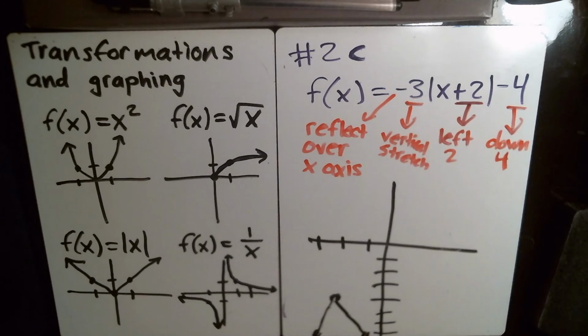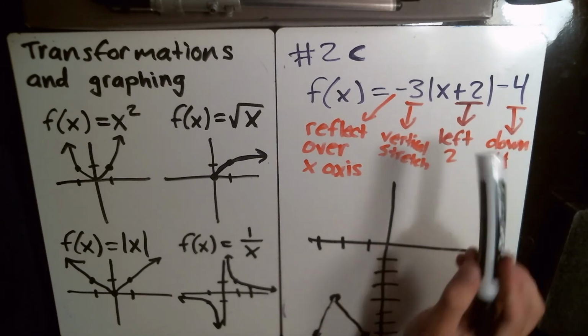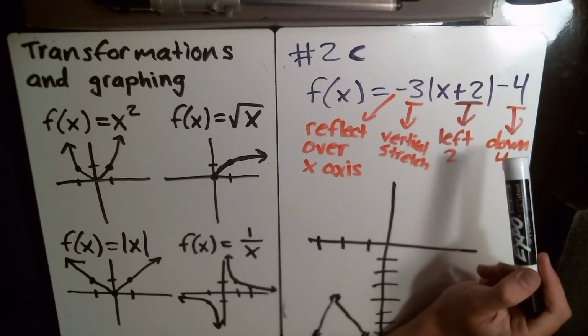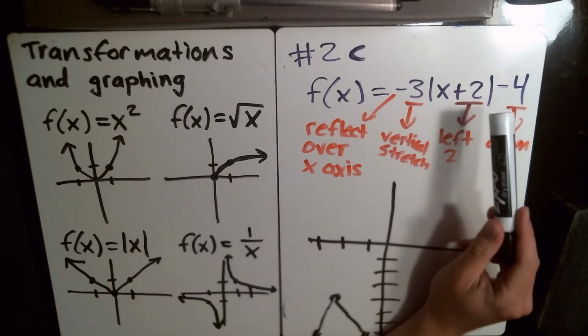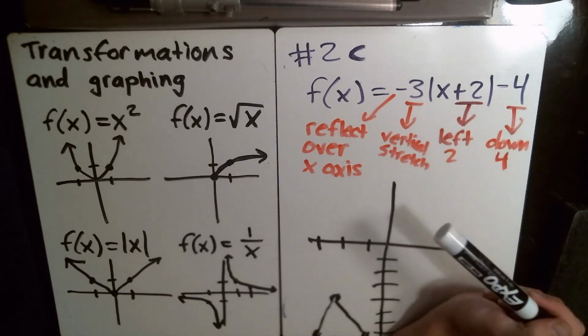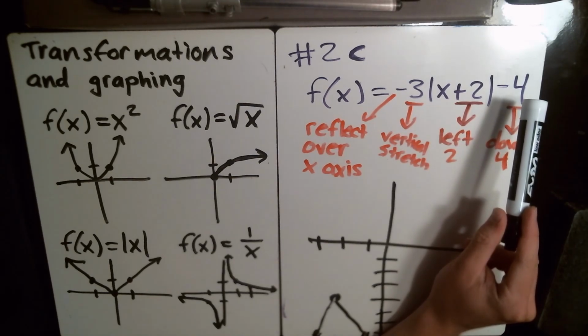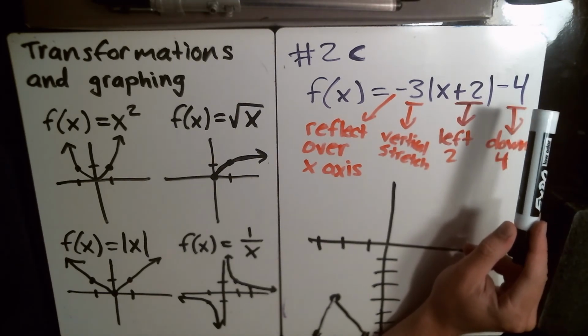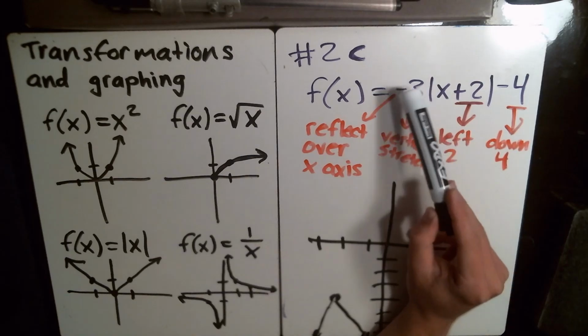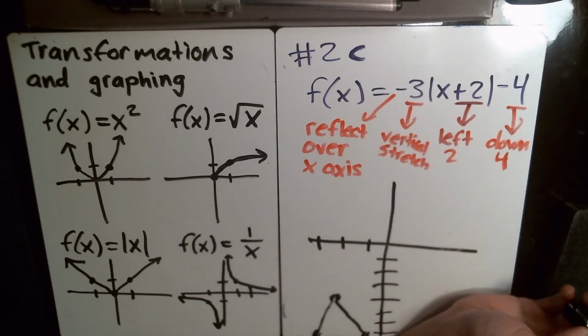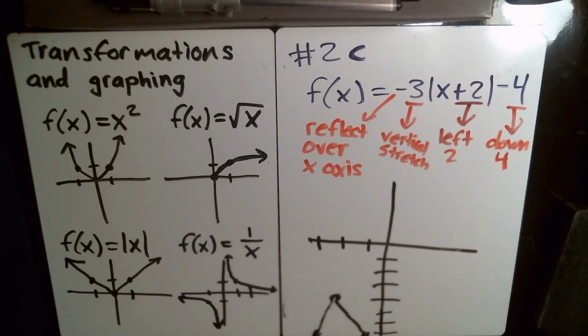So just remember, the things next to the x move you left and right, and it does the opposite of what you might think. The thing on the outside moves your y's, and it does what you would think. Numbers on the outside are stretching.